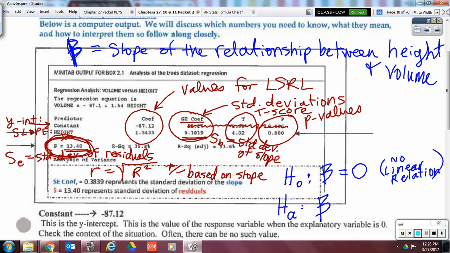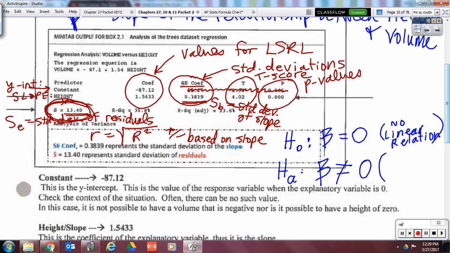That beta is, we'll just say not equal to 0, because I don't know which way it's going. It's probably going to be positive, but not equal to. And so if I find that I have a slope, then I have got a what? Linear relationship between those two things. So slope being 0 means no linear relationship. Slope being something means I have a linear relationship.